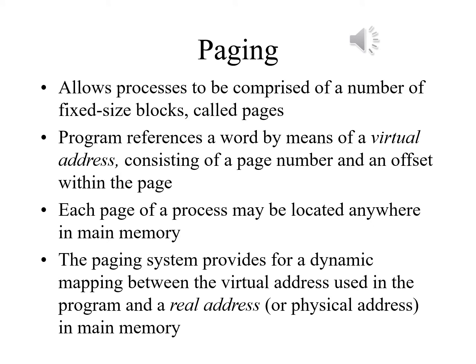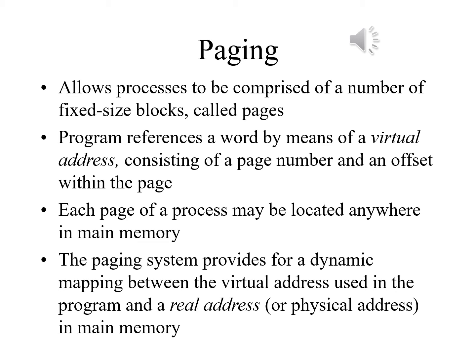Because processes vary in size, if the processor switches among a number of processes, it is difficult to pack them compactly into main memory. Paging systems were introduced, which allow processes to be comprised of a number of fixed-size blocks called pages.